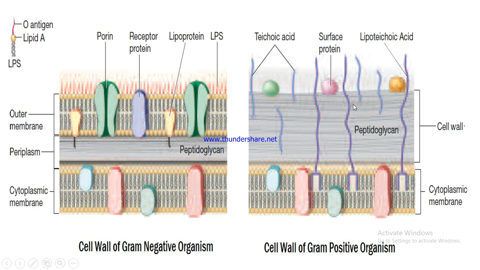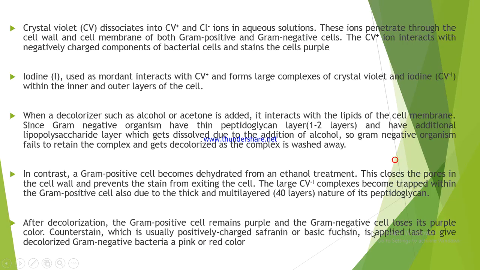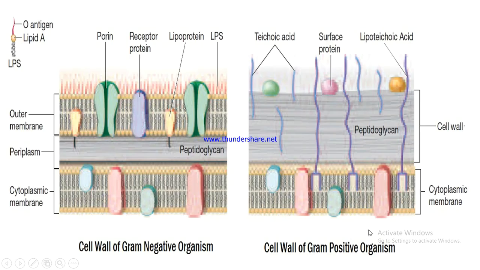The difference lies in the thickness of peptidoglycan. The cell wall of Gram positive bacteria has a thick layer of peptidoglycan, while the cell wall of Gram negative bacteria has a very thin layer of peptidoglycan. After this peptidoglycan layer, there is no other layer in the Gram positive bacteria, but in the Gram negative bacteria a space named the periplasmic space is present after the peptidoglycan layer.